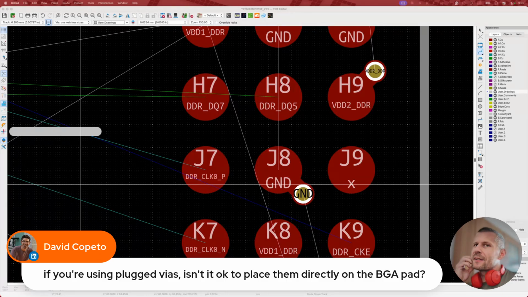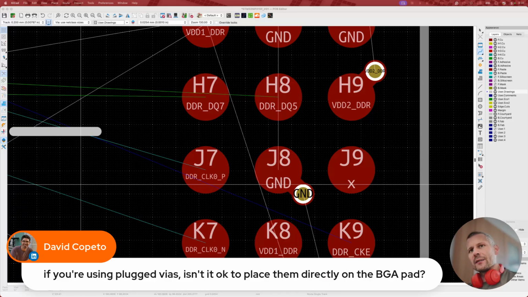Yeah, there is a thing. The plug via is a good thing because there is no hole, so it's safe for the solder, and it's safe for many things. But the manufacturer doesn't say that the plugged vias are ready to be plated, and they officially don't support vias in pads.